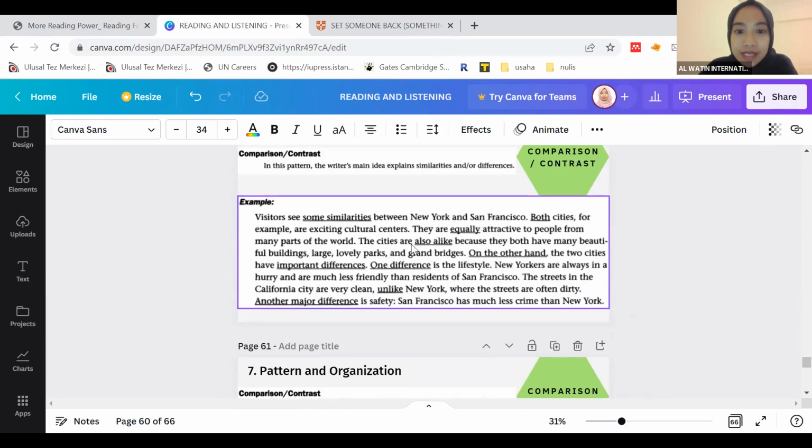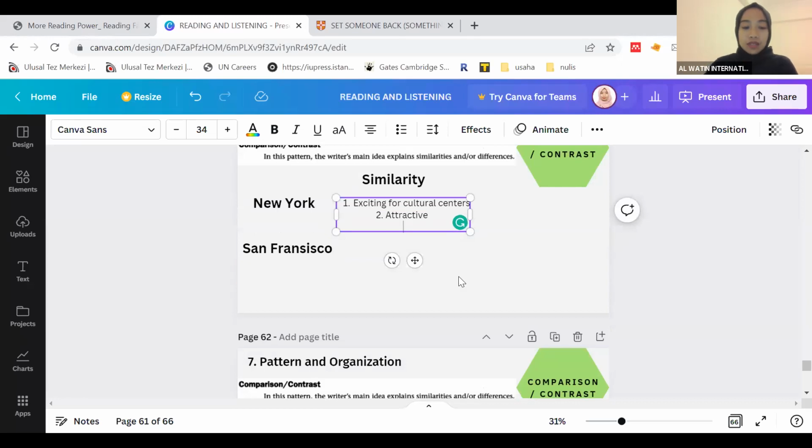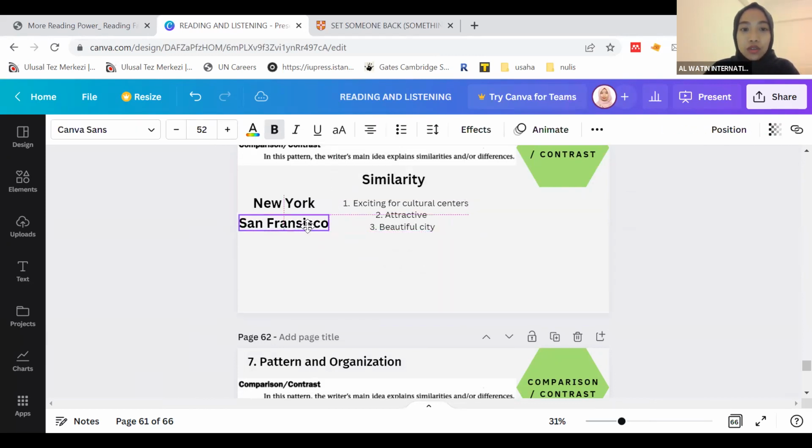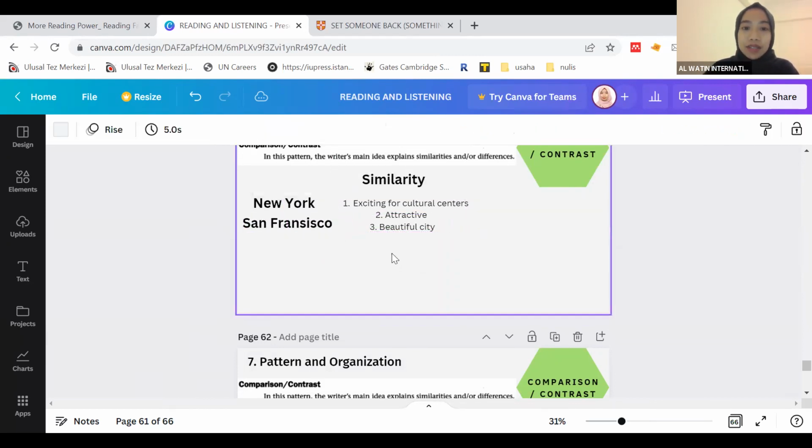The cities are also alike because they both have many beautiful buildings, large, lovely parks, and grand bridges. So the third one, beautiful city. Both of them are the same. These are the similarities, both New York and San Francisco.